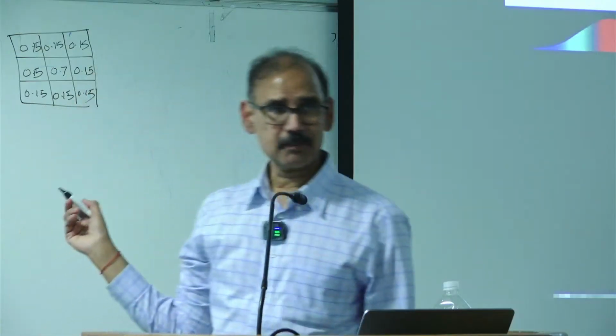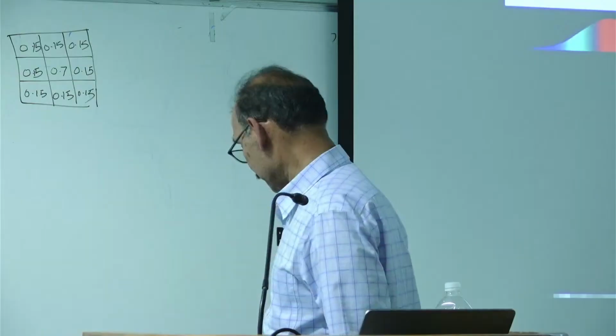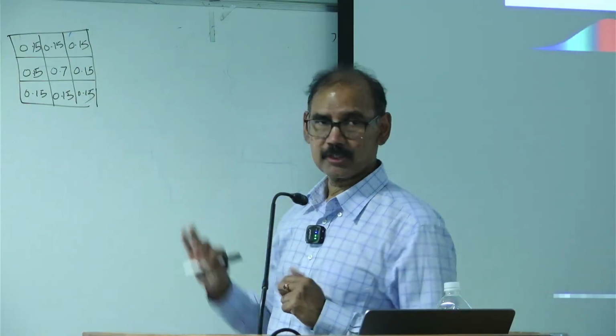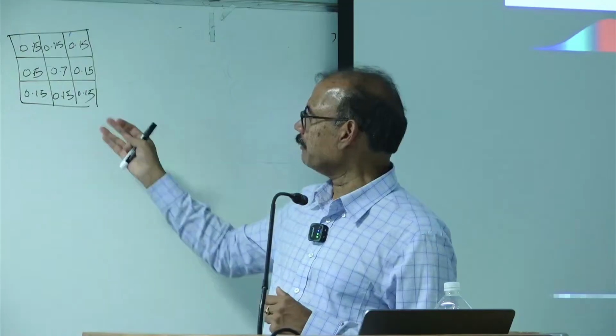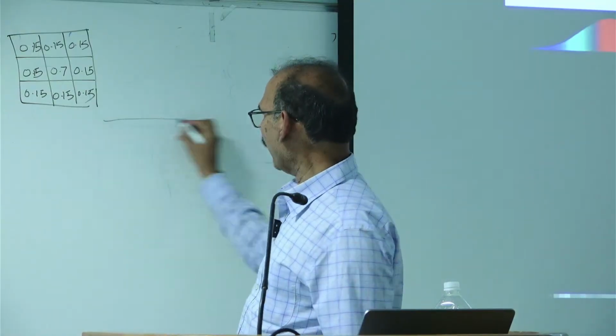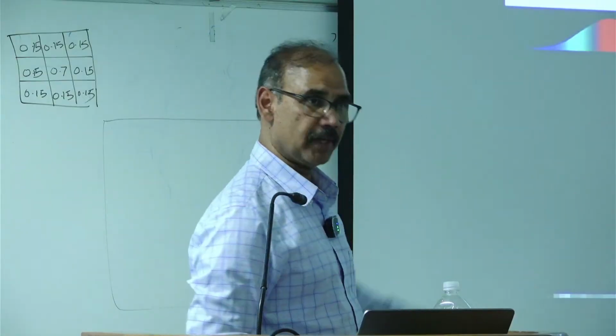So the center is 0.7, everything else is 0.15, right? So this is a 3 by 3 kernel, right? That one was 7, but let's first assume this one. So it is 3 by 3, and then you have your image, right? Let's just assume we are using this image, right?